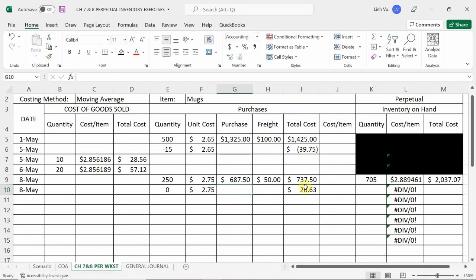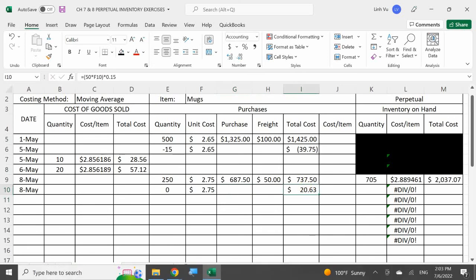Okay, that's going to give me a negative $20.63.